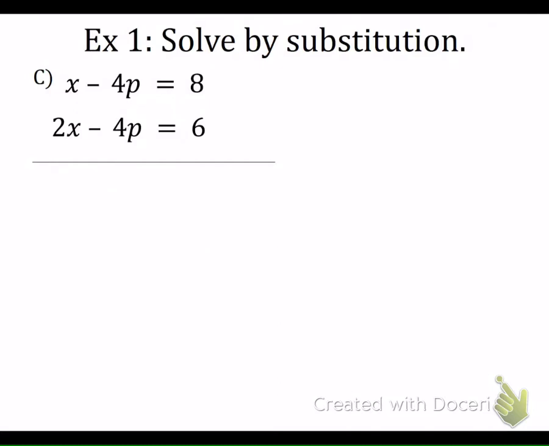First equation, the first what? Yeah. All right. So add 4p. Okay. So right now I have x equals 4p plus 8. All I did was add 4p.